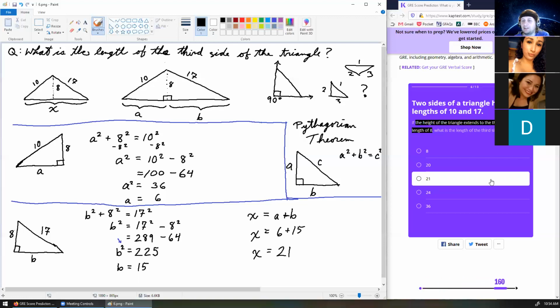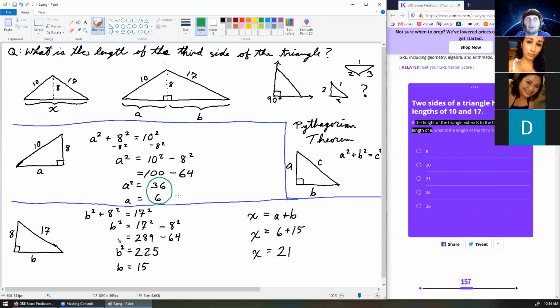Another thing I did want to mention, a lot of times on GRE questions, if you're on the right track about a solution, the math is generally going to work out to be really nice and elegant. So if you noticed on these, when we got to the square rooting part for A and B, it's like, oh, hey, this just happens to be a really nice square number.